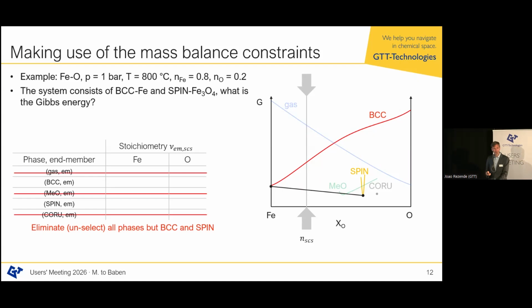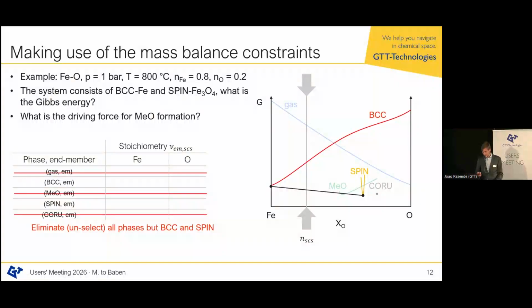Okay. Sometimes you want to do something else, which is you might want to know what is the driving force for the MEO formation. I have said earlier, the driving forces are super fundamental in all process models, both for the transport and for the reaction kinetics.